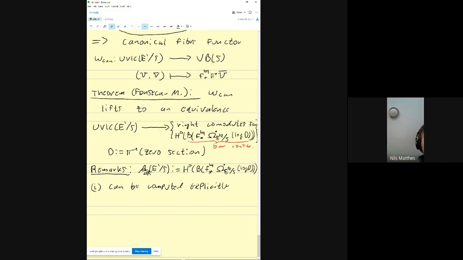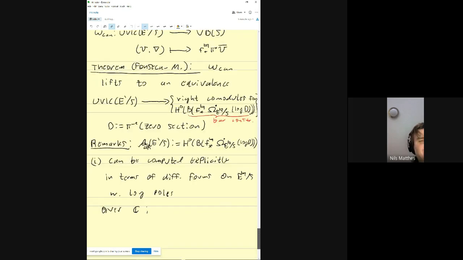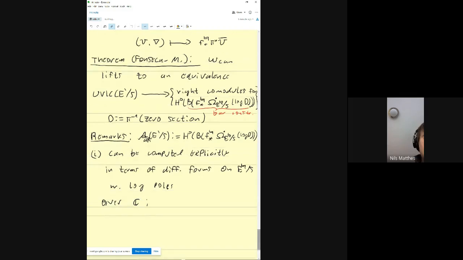It can be computed completely explicitly in terms of differential forms on the U, with log poles along the divisor D. And over the complex numbers, so if K is the complex numbers, then you can write these down in terms of theta functions.